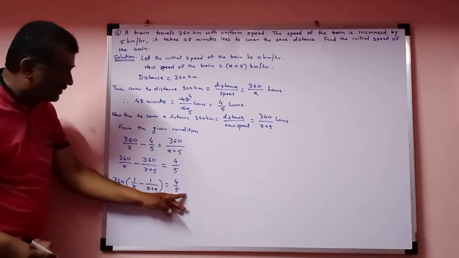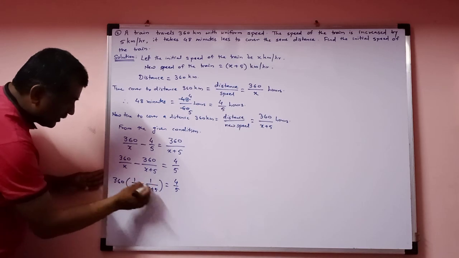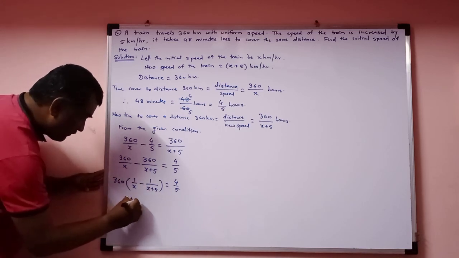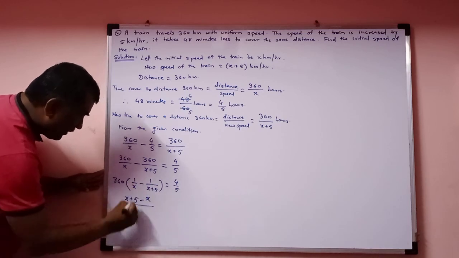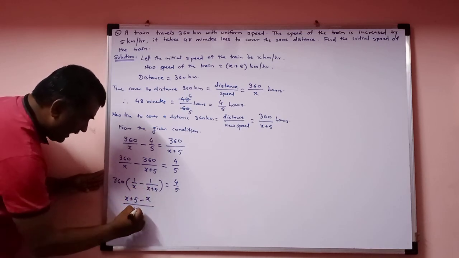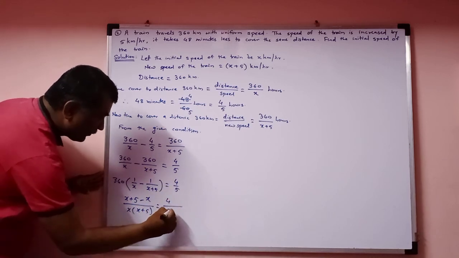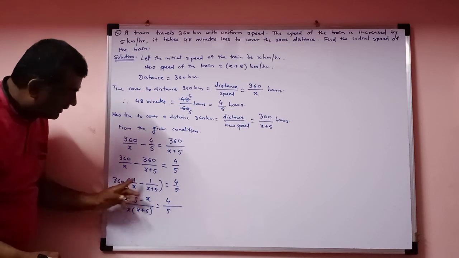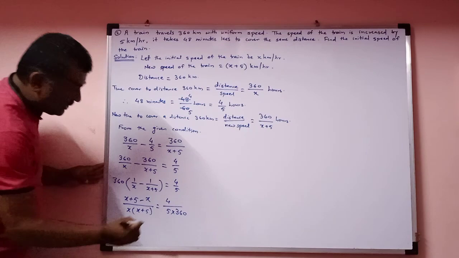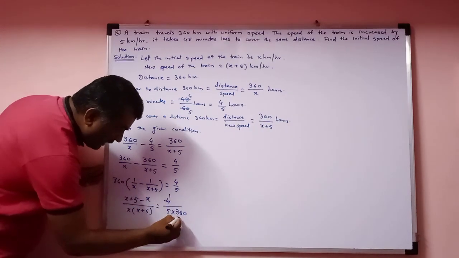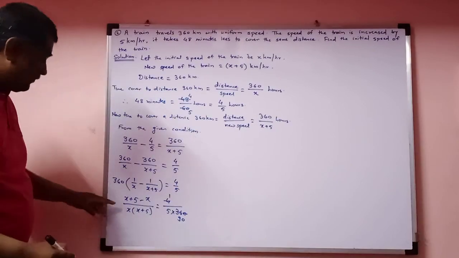Multiplied by 360, divide by 360. Here cross multiplication. x plus 5 minus x is 5 upon x into bracket x plus 5 is equal to 4 upon 5 into 360. 4 ones are 4, 4 nines are 36, 4 zeros are 0.